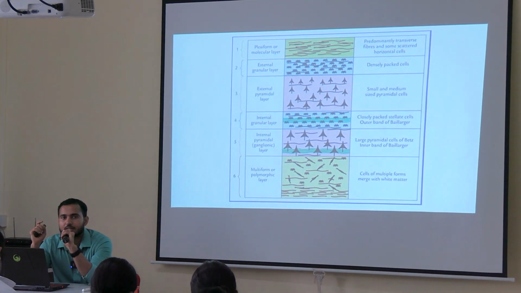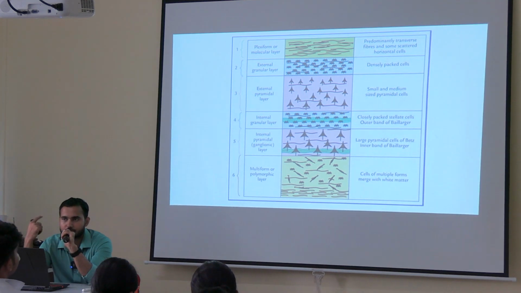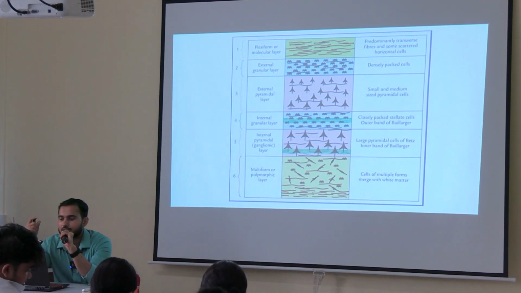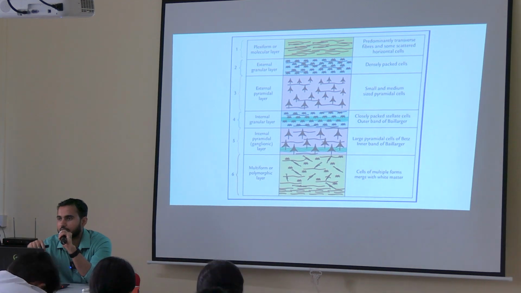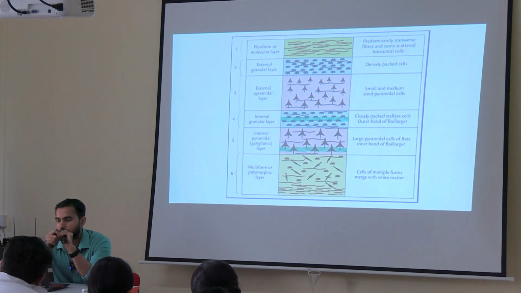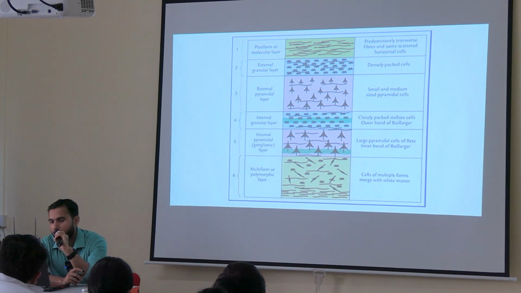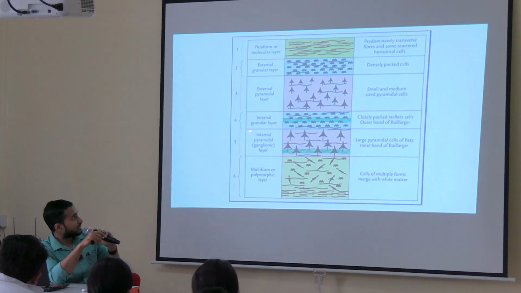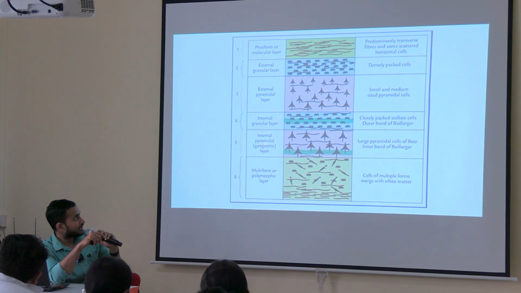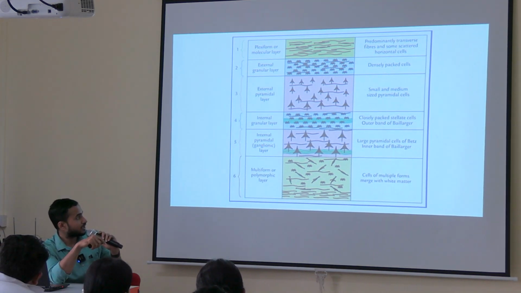Now when you see the visual cortex, especially the occipital lobe, this white stria is very thick and very prominent in this region. That's why it is also called the striate cortex. Next is the internal pyramidal layer, also called the ganglionic layer.